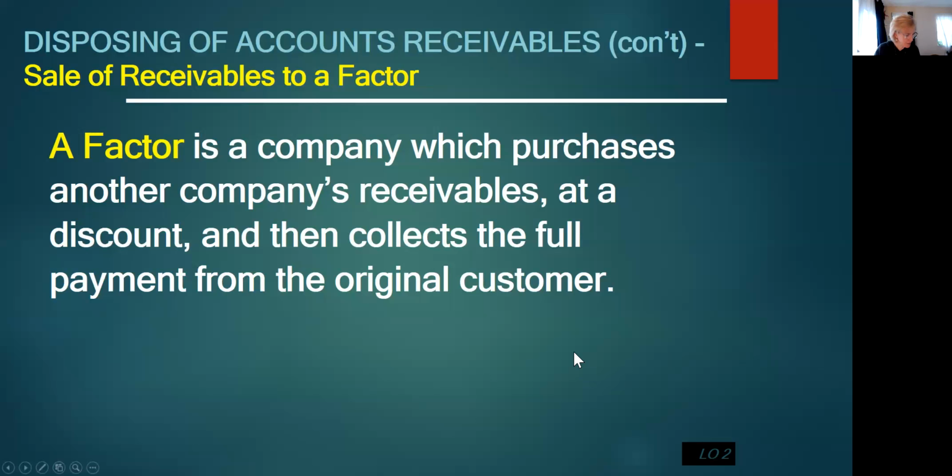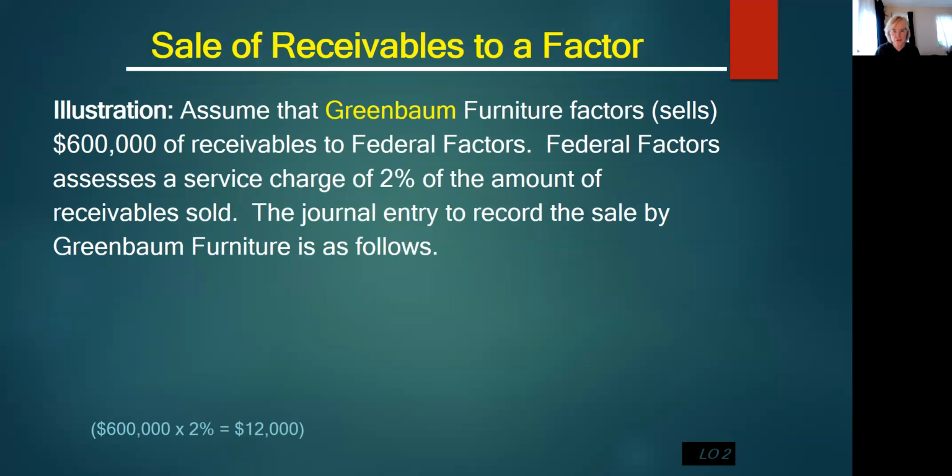Okay, so let's look at the bottom of page 26. And this journal entry is going to look identical to the credit card journal entry. So let's see if you guys can do this. So let's start with who is the company and who is the factor. Who's the company?